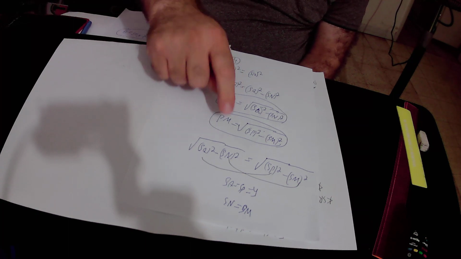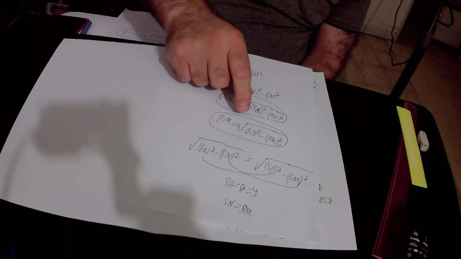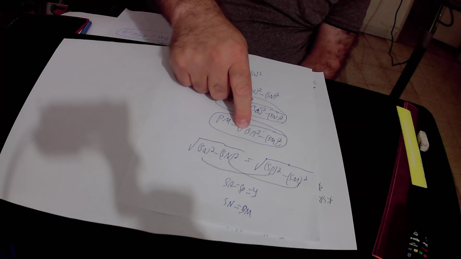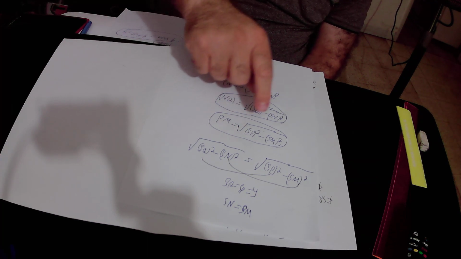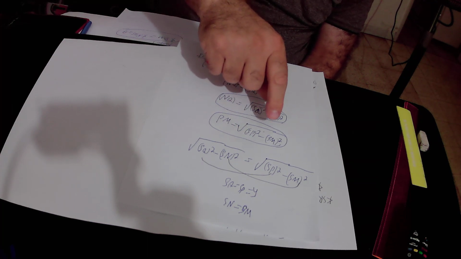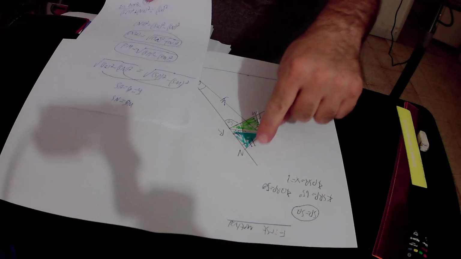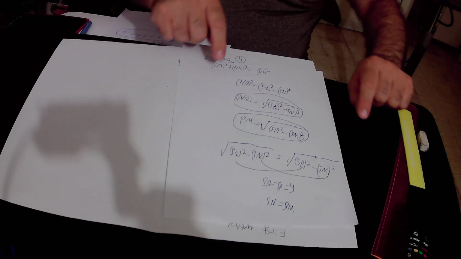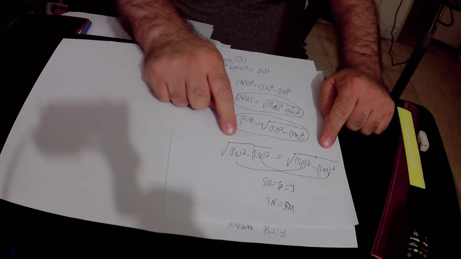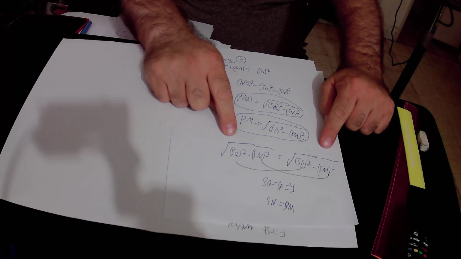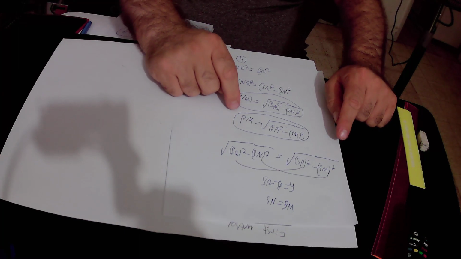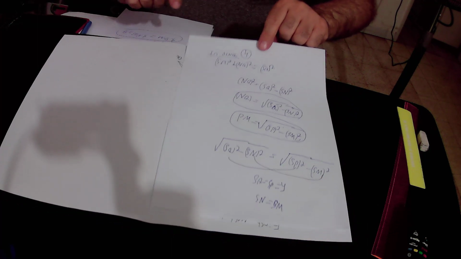But we know that SQ equals SP according to what is given, and we already proved that SN equals SM. Therefore, those two expressions are equal to each other. That is to say, PM equals NQ.